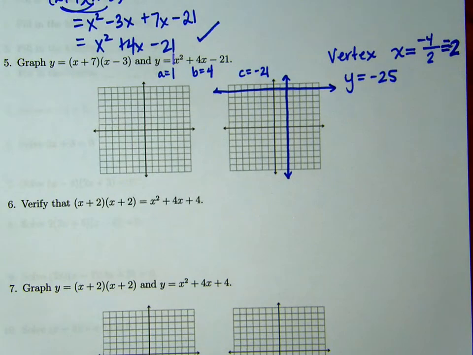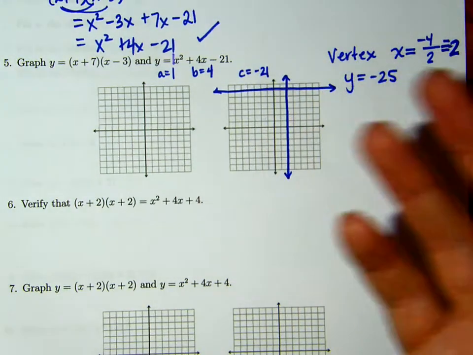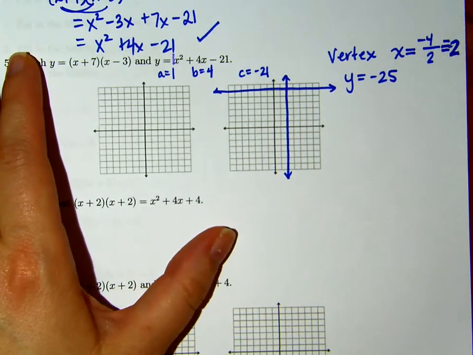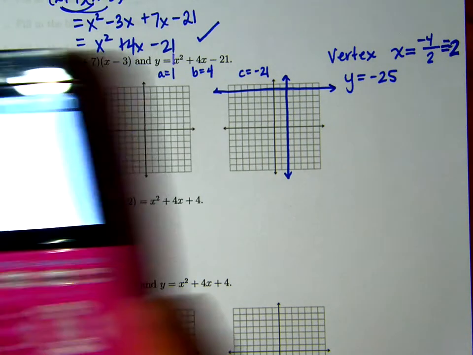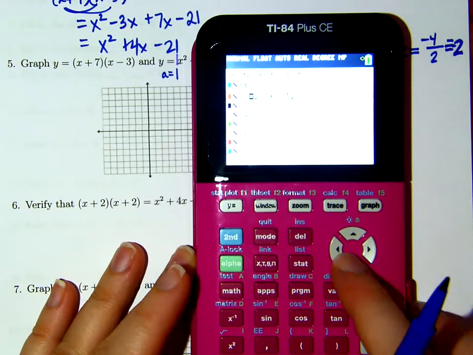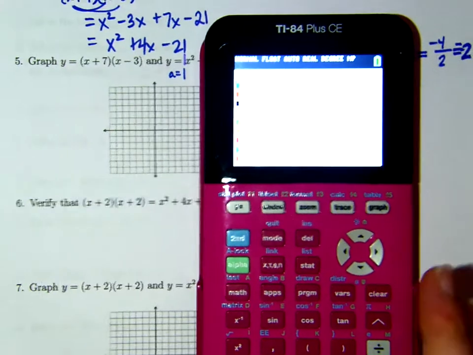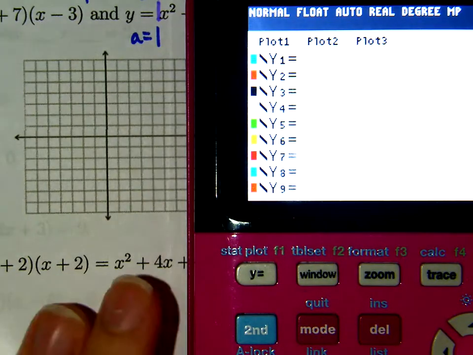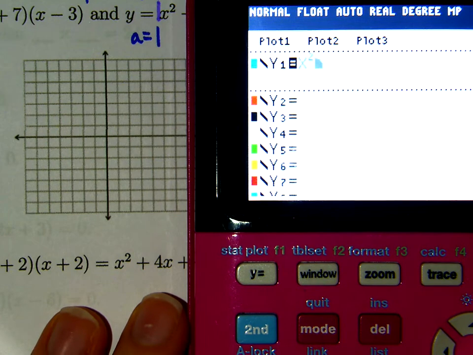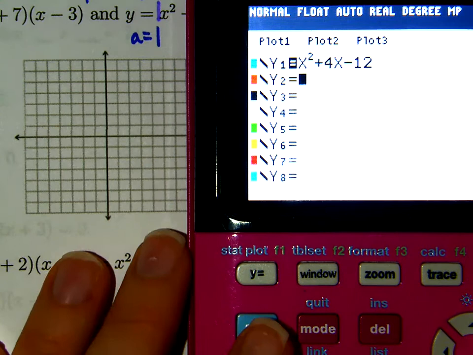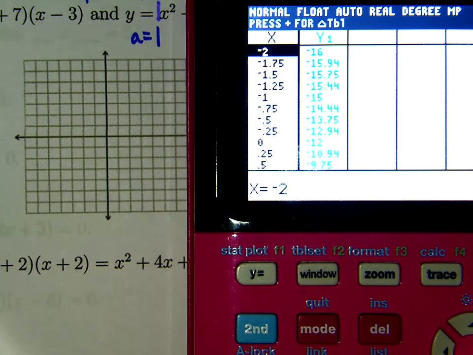Negative 25 is pretty far down there. Negative 2 is close. Right, so now I'm going to go ahead and clear these out, but I'm going to use my calculator to create my table of values. x squared plus 4x minus 12, and I think we're going to need to change our scale.